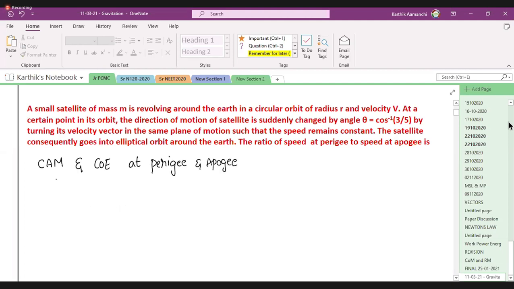What is the conservation of angular momentum? L at the first point equals L at the opposite point. So m v1 r1 equals m v2 r2. The m cancels.